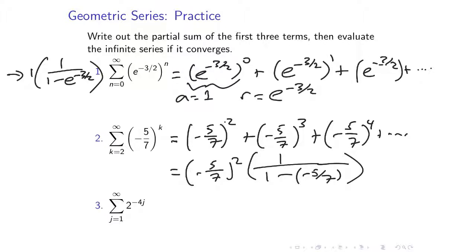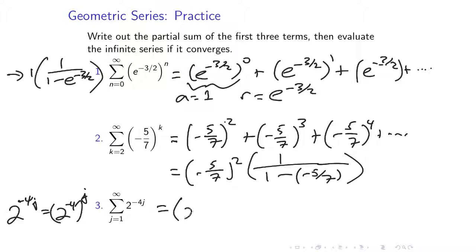And the last one is not quite as obvious until you realize, and I think I said this in class, that 2 to the -4 times j is the same thing as 2 to the -4, all to the j power.